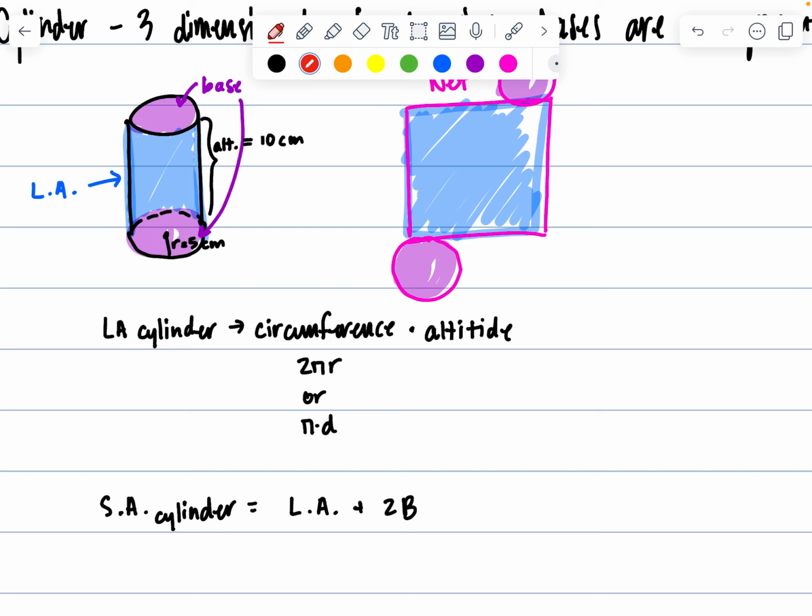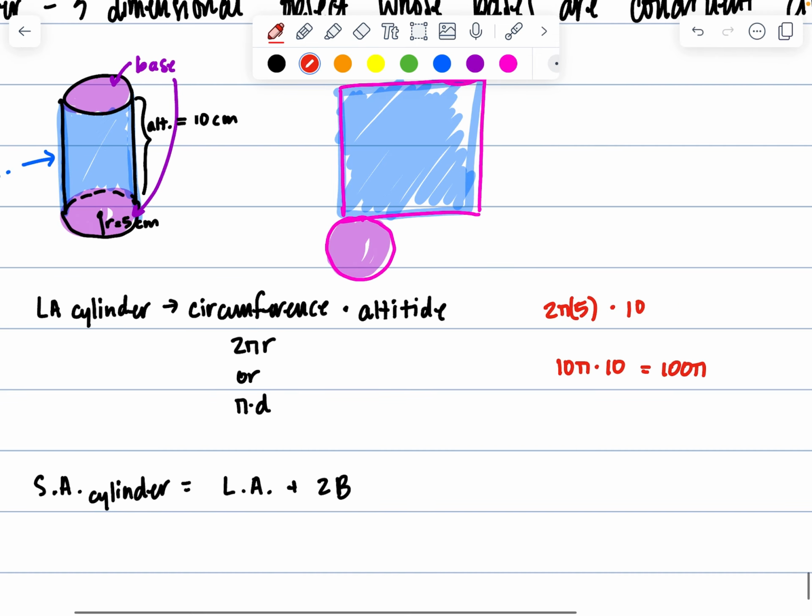So here we would take the circumference, which is 2 times pi times 5, and put the 5 in parentheses to imply multiplication. And then multiply this with the altitude of 10. So 2 times 5 is 10, 10 times pi times 10 is equal to 100 pi. And now we have the lateral area.